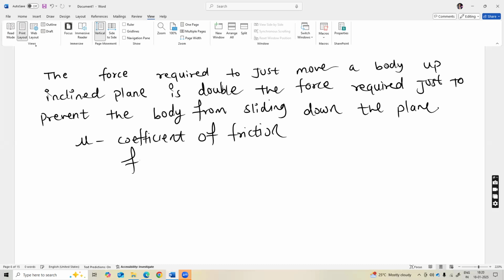The question is to find the relation between mu and theta.